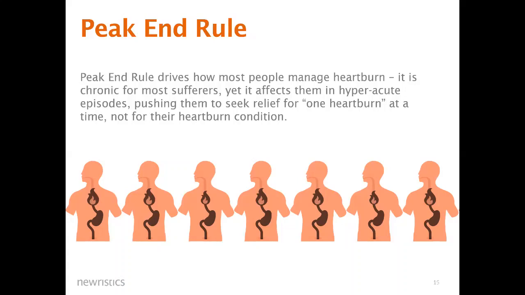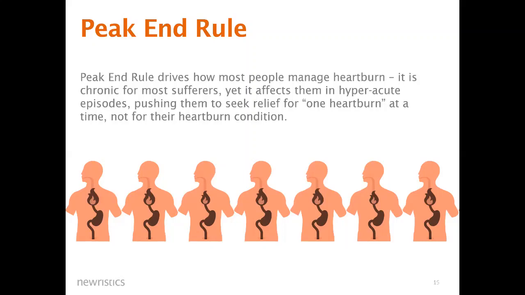Instead of treating your heartburn as a condition, as normally you would with other chronic conditions, like diabetes, hypertension, hyperlipidemia, there's a whole list of chronic conditions you would manage differently. But in this case, you fall into this trap of managing one heartburn at a time.